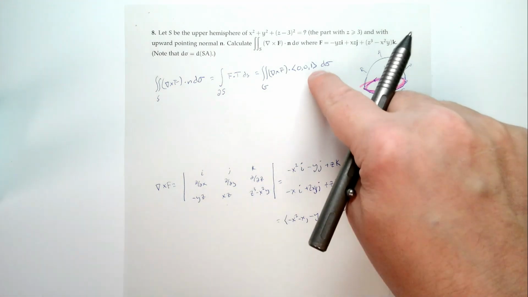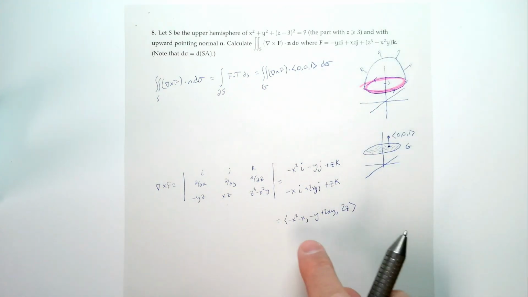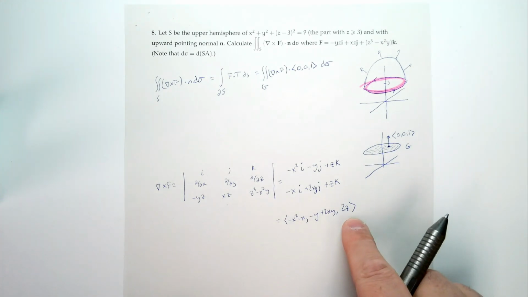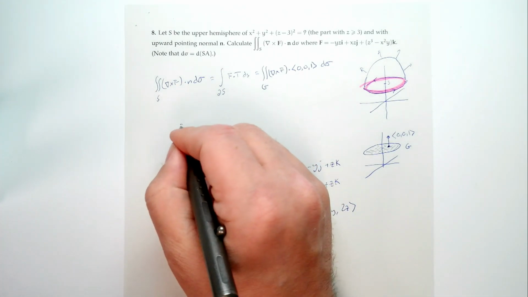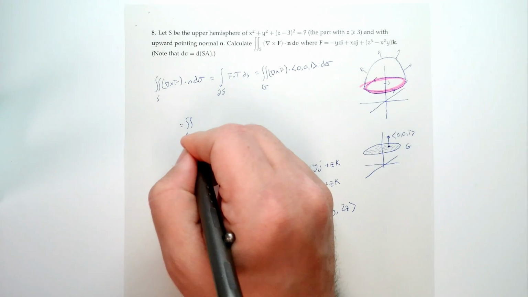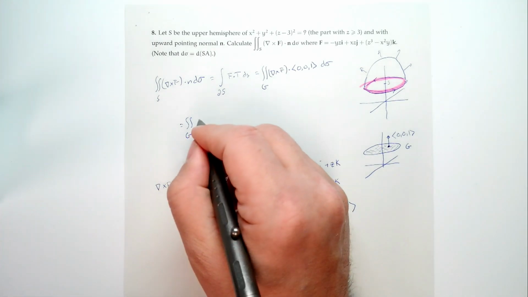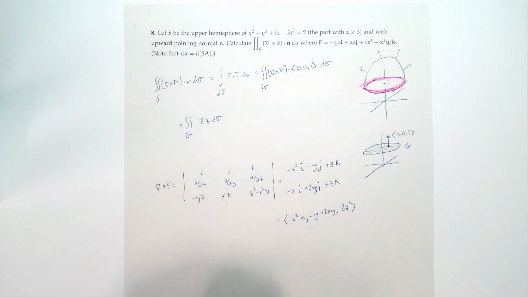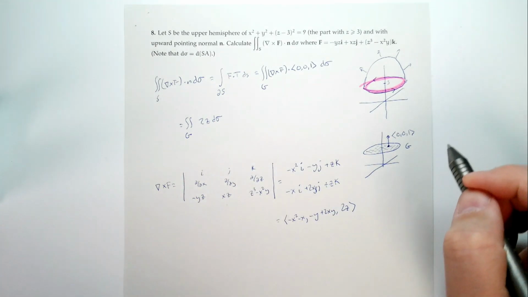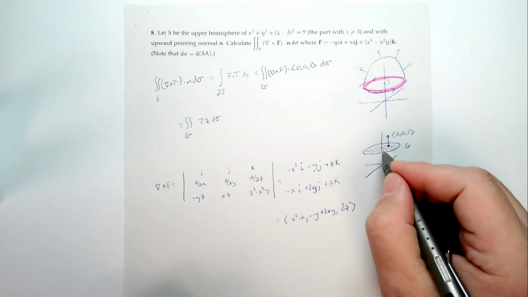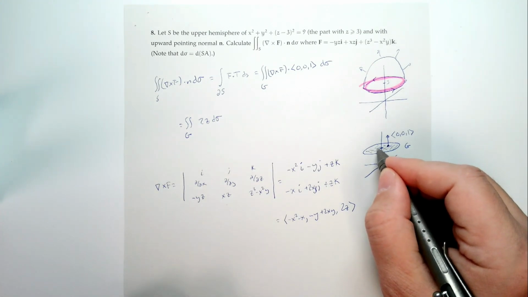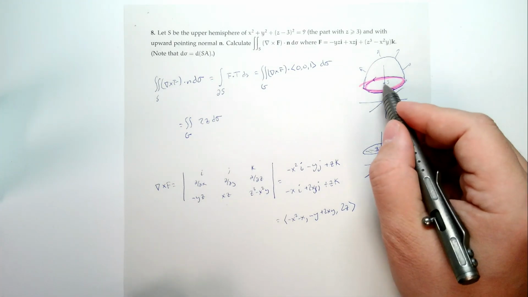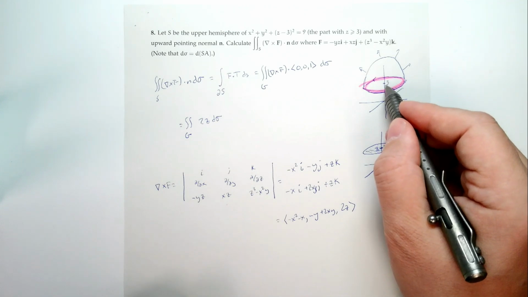So if we dot that with 0, 0, 1, that means that really we need to find the integral on G of 2z. Well, that's not so bad. In fact, it gets better. Let's look at z. Notice z is flat. It's always the same height, and the height is still 3.